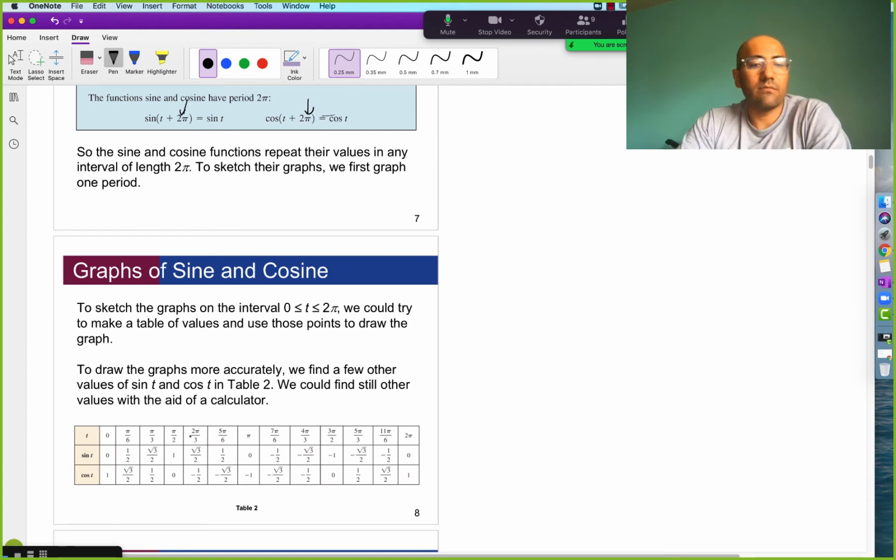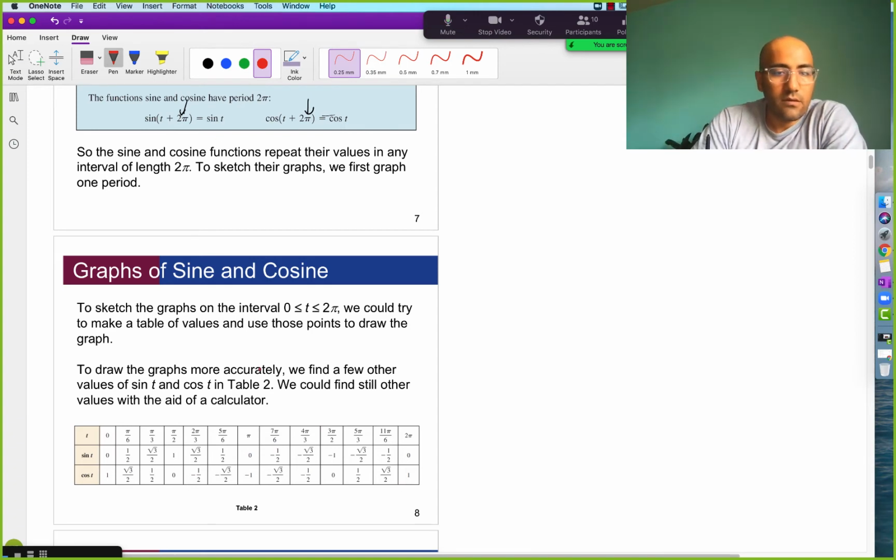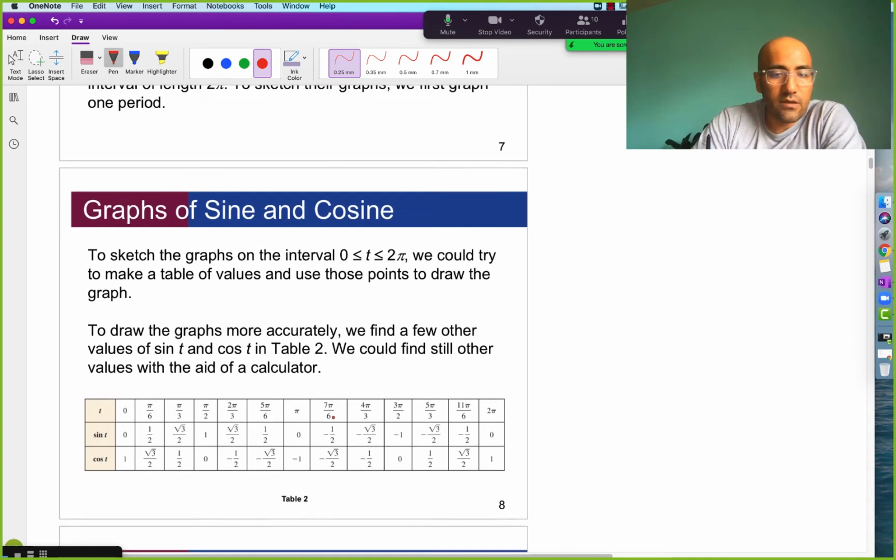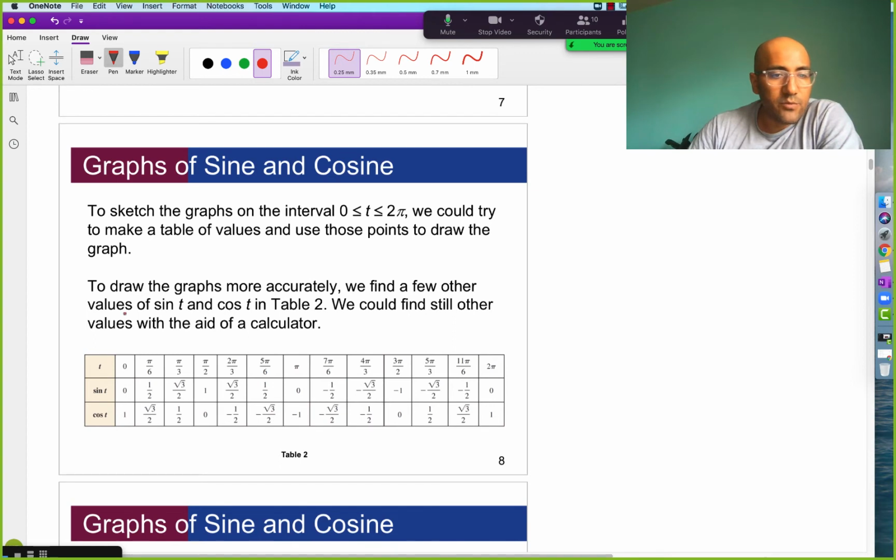Okay, well, we can do a rough sketch by looking at all the simple values we know how to find, turning this into degrees. Let's zoom in a little here. We've been working with all of these already. So these are values we can easily find by hand. This is 30 degrees. This is 60 degrees. This one's 90 degrees. We also know 45 degrees that's missing in here. But we can keep going, right?